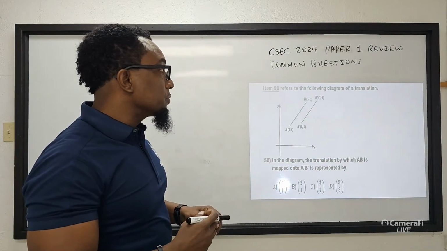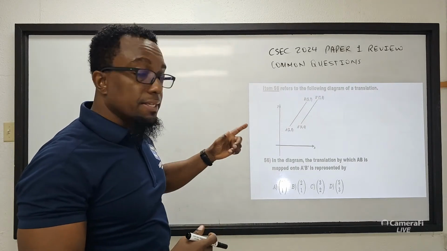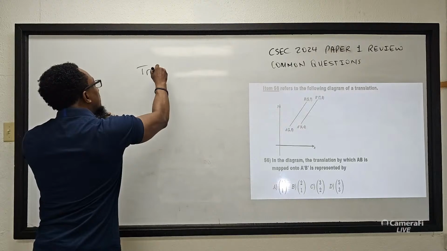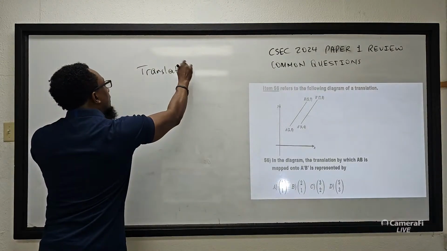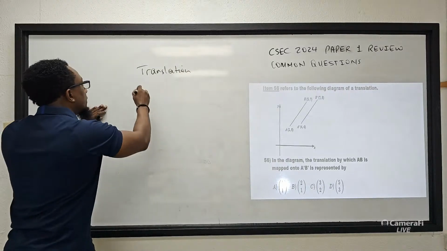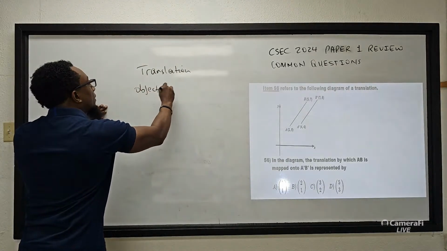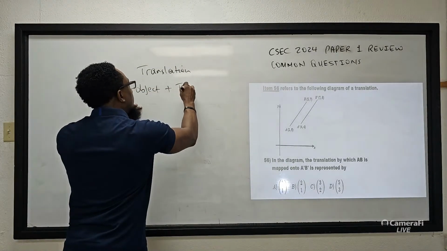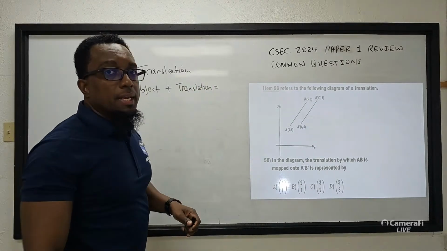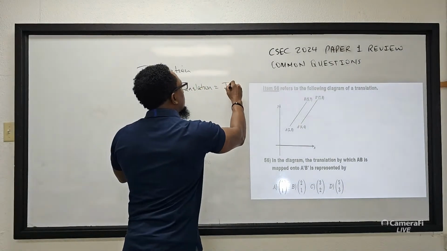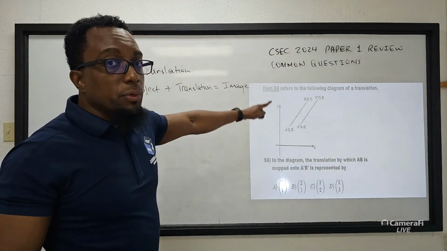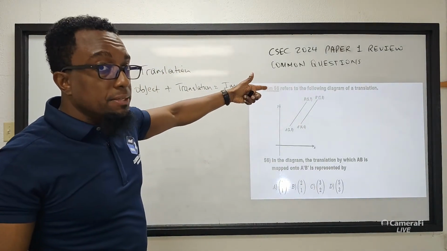For us to determine what the translation is, your equation for a translation is, let's go with A and A prime. It's going to be the object plus your translation equals image. Let's go with A and A prime. If we do it for B and B prime, we get the same answer.